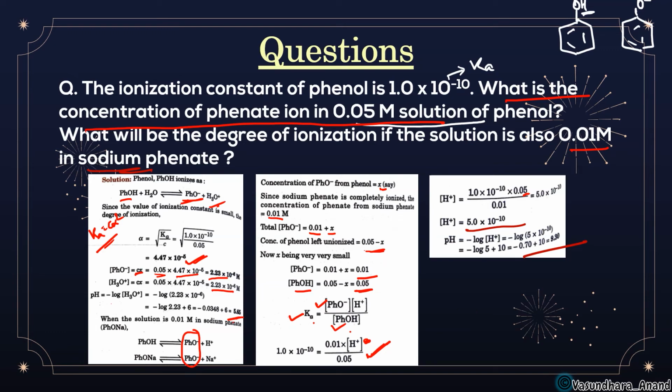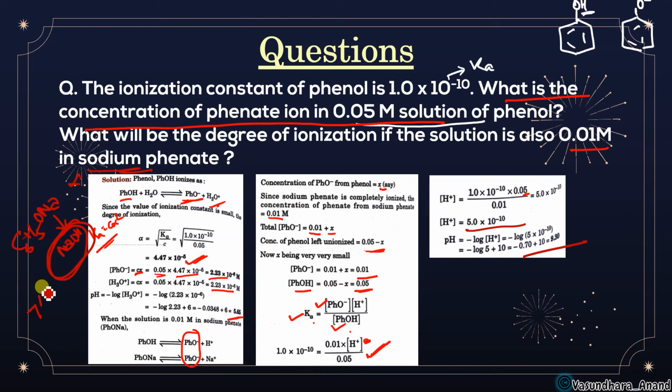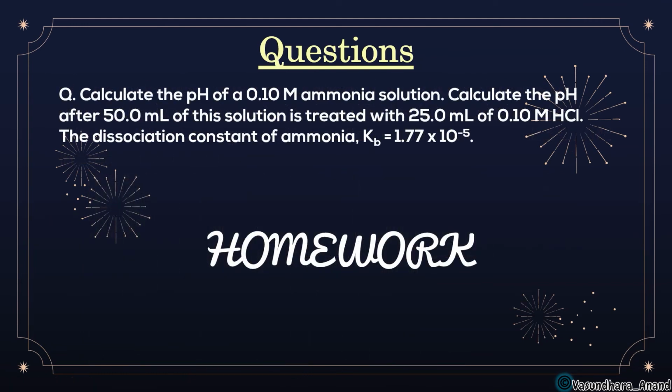How to understand this: note that sodium phenate, C6H5ONa, is made from the strong base NaOH, so the pH should be greater than 7. You are getting 9.30, so that means this answer is correct. Now move to the next question, which is homework for you. As I have explained, try to do it by yourself.